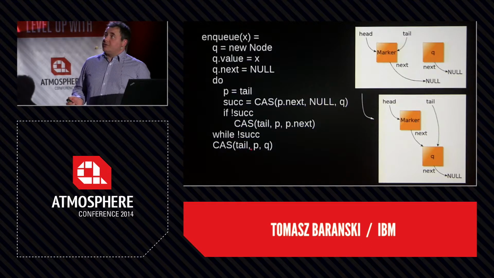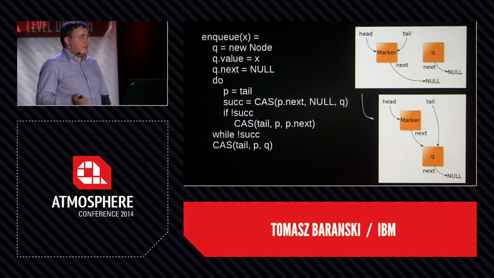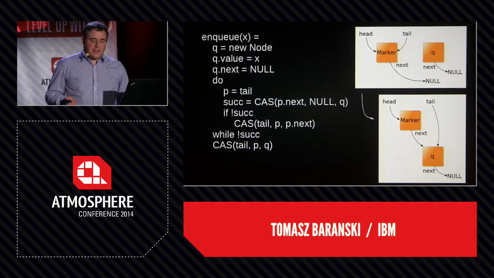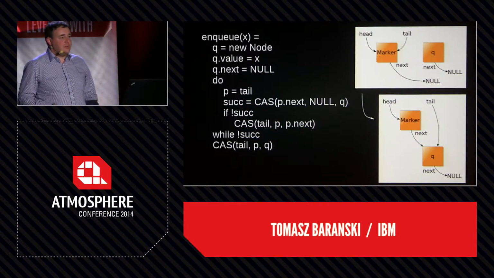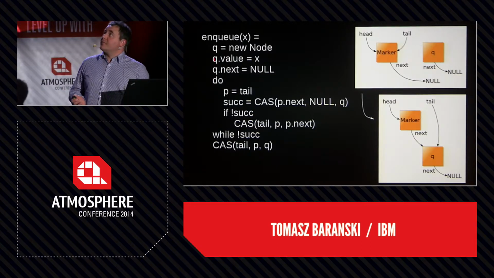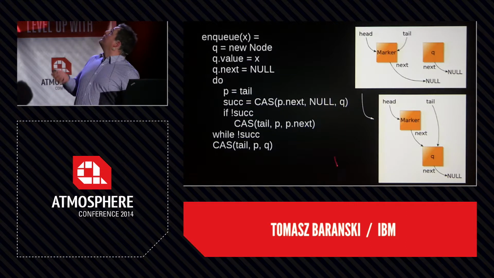So we cannot just assign it to tail. We just need to assign it only if it was not assigned previously. If it was, it doesn't matter. If somebody else succeeded with that, that means it added a true tail to the queue, and we're done with that. But if you have a thread that's stopped here, another thread that's stopped here, replace the tail with something else, and a third thread running through this loop, seeing a tail that was valid, like where's this tail?